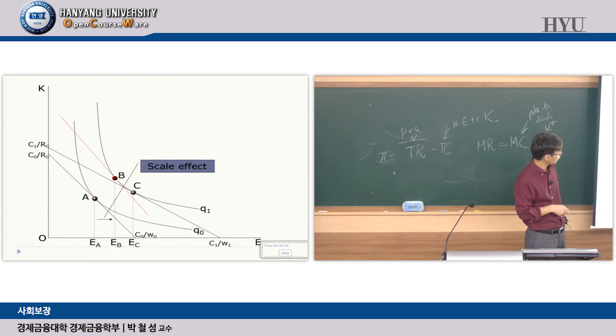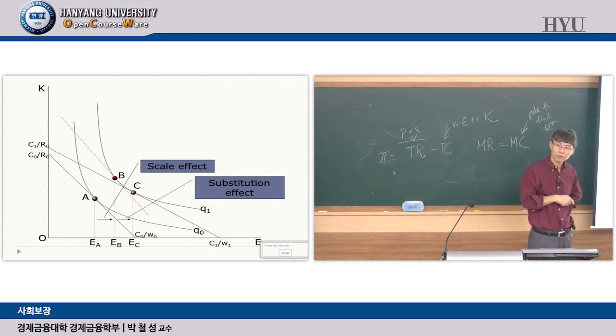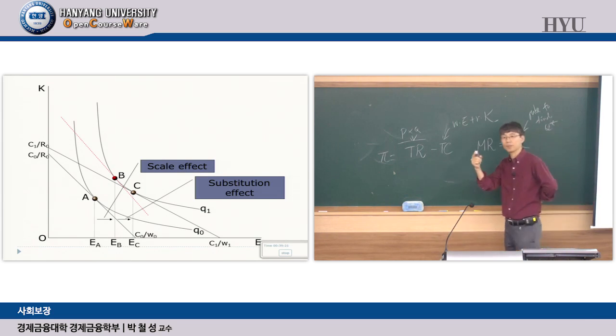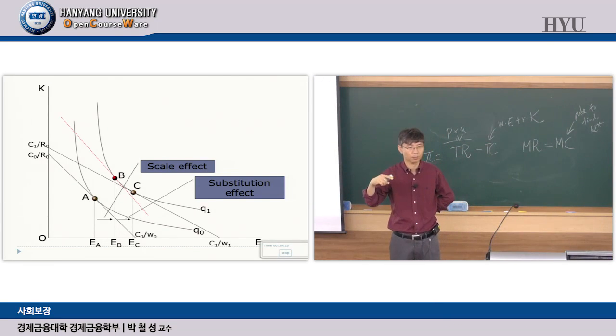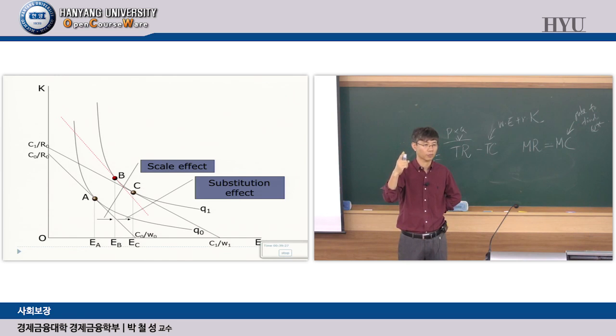So what you have seen here is that when the wage goes down, they will use more labor due to both the scale effect and the substitution effect. If the wage goes up, then the reverse happens, right? The marginal cost of production goes up, so they want to produce less.